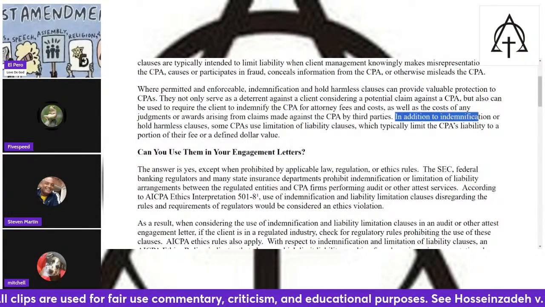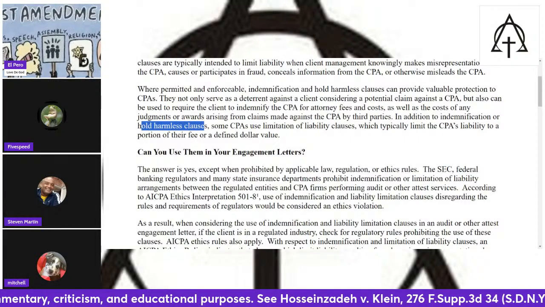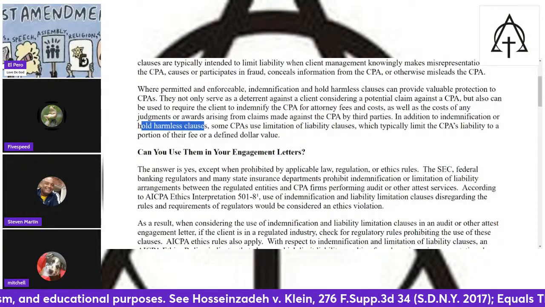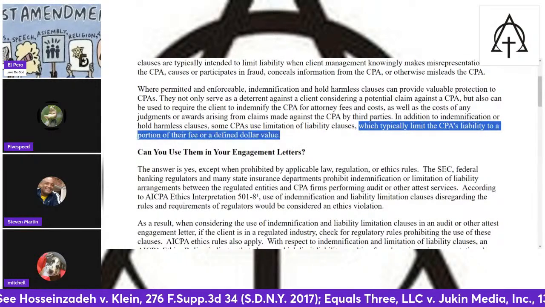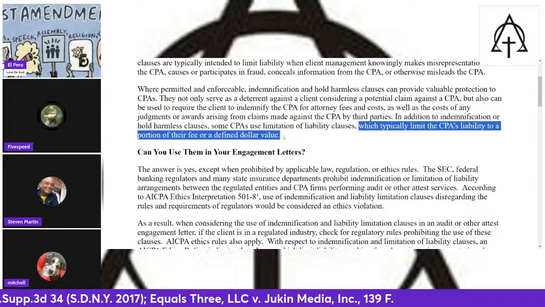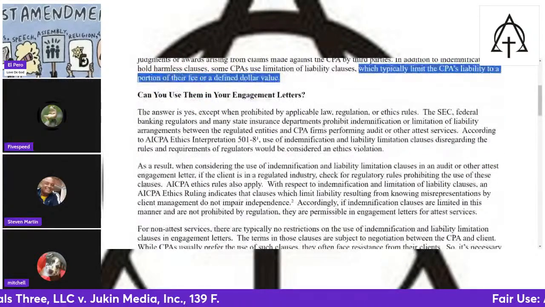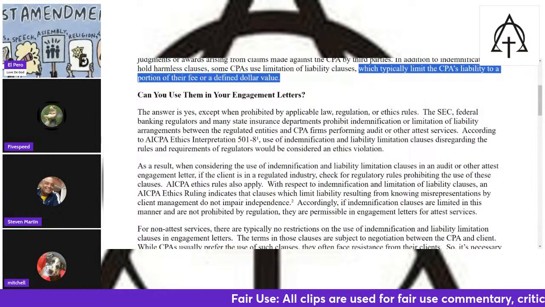In addition to indemnification or hold harmless clauses, some CPAs use limitation of liability clauses, which typically limit the CPA's liability to a portion of their fee or a defined dollar value. So we're giving them equal consideration for those fees and everything, for their performance. That's the payment part of the contract.